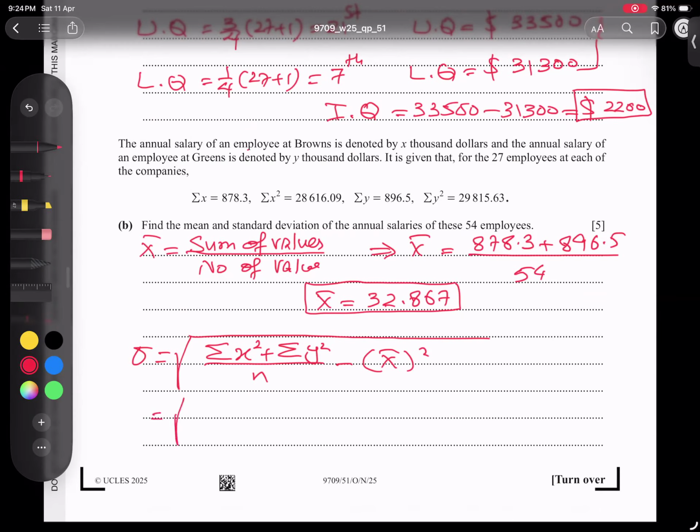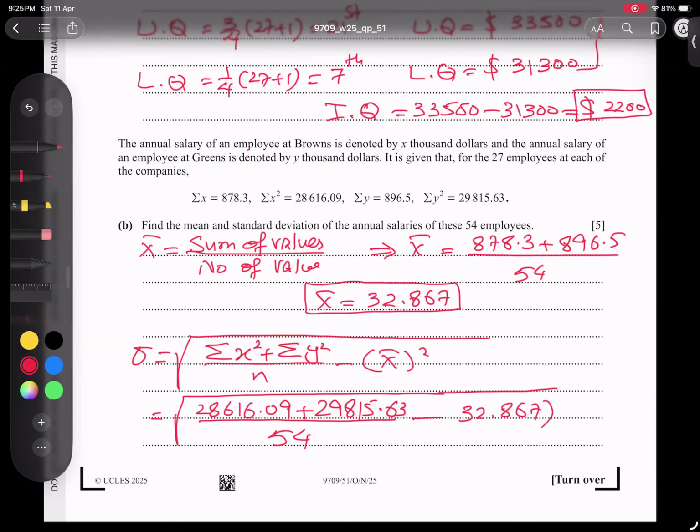Yes, so sigma x squared is this, sigma y squared is this. And I'm writing 28616.09 plus 29815.63, divided by the total values, 54, minus the mean, 32.867, which we have already.